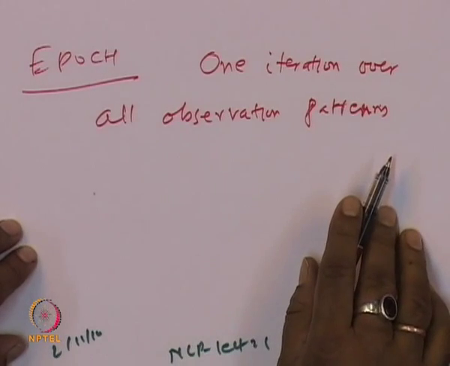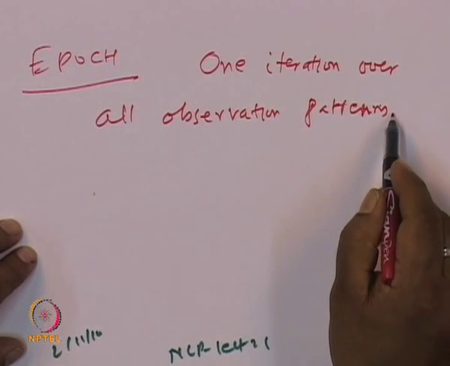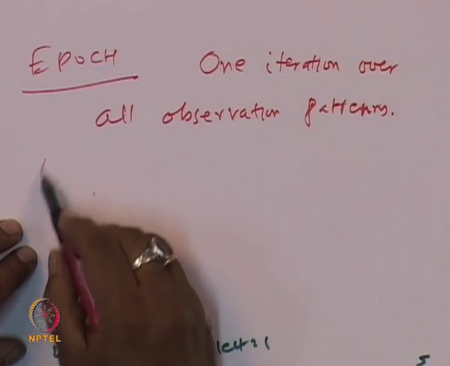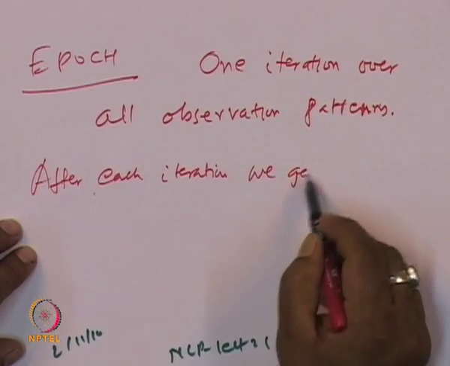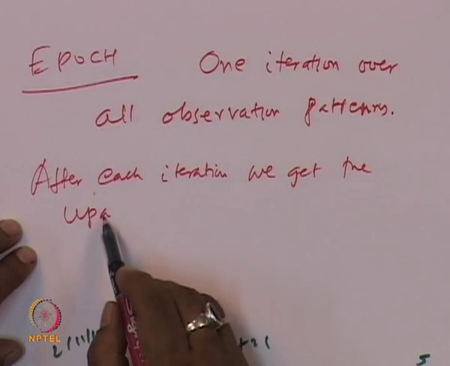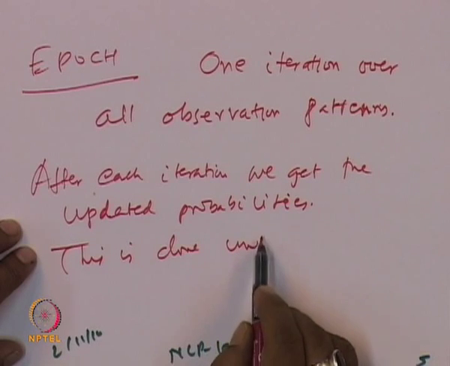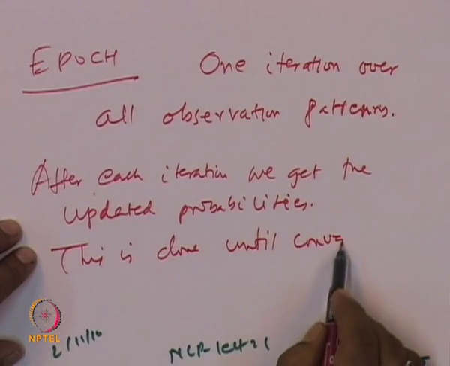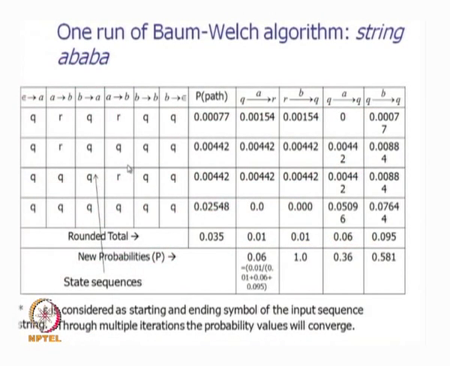So, after each iteration we get the updated probabilities. This is done until convergence. So, I hope this gives you a correct idea about how the computation proceeds.